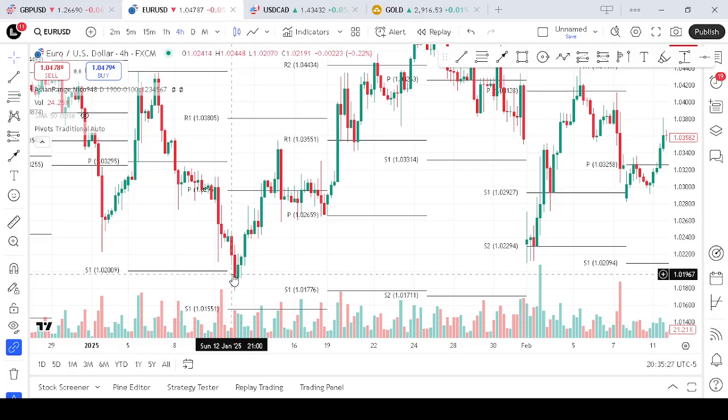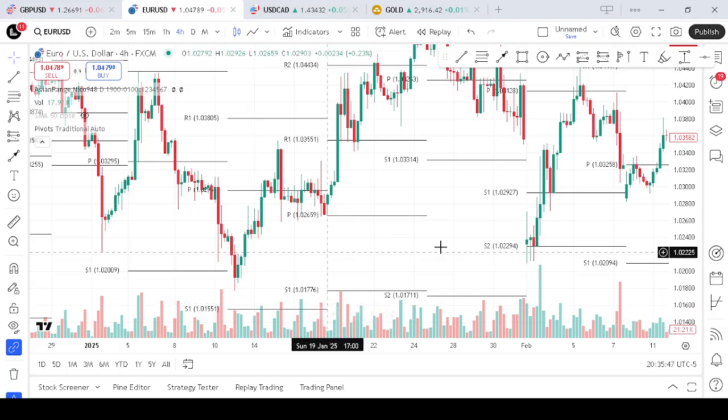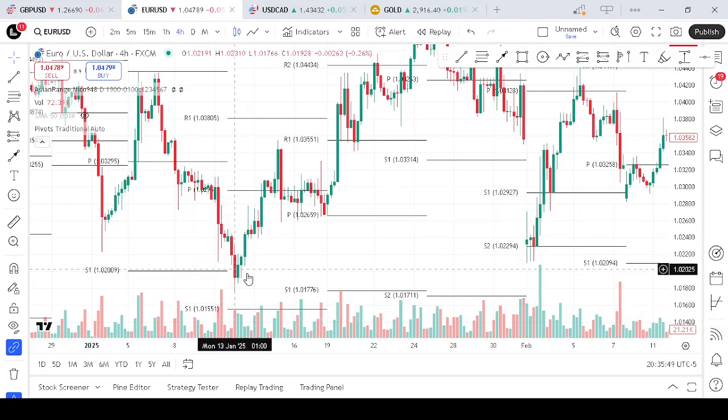Once you see any sign of bouncing at the S1 level, it shows a common sign of a long position. So it's trying to say that when price approaches the S1 level or the support level and bounces back, this is a good opportunity to enter a long position. So at this area would be a good opportunity to enter a long position.